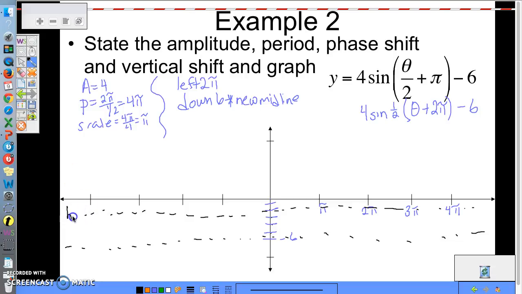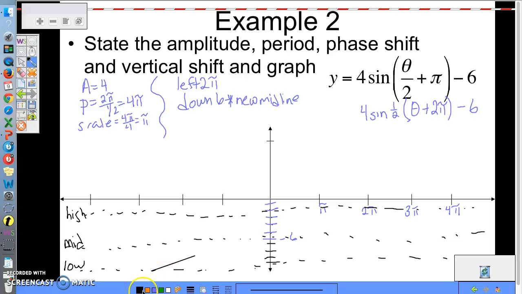So this is our new high, mid, and then let's see, 6, 1, 2, 3, 4. So this is our new low.